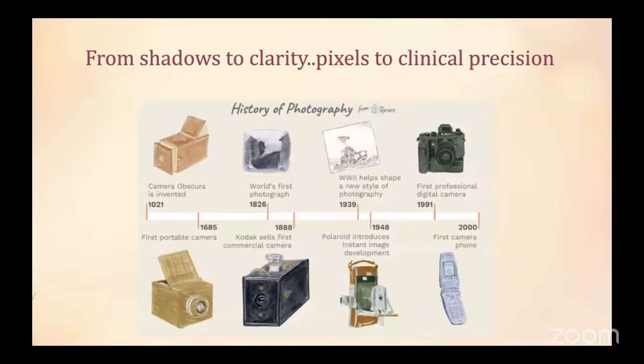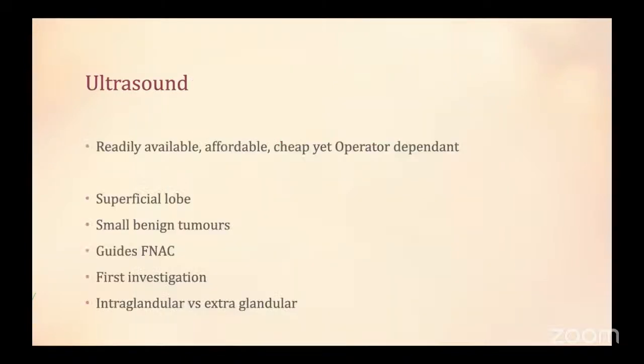Imaging techniques have improved so much that we have such clear images pre-op to plan our surgery and to decide the treatment for the patient. In parotid tumors, ultrasound is the first investigation, but it has implications in maybe small benign swellings or very small low-grade malignancy.